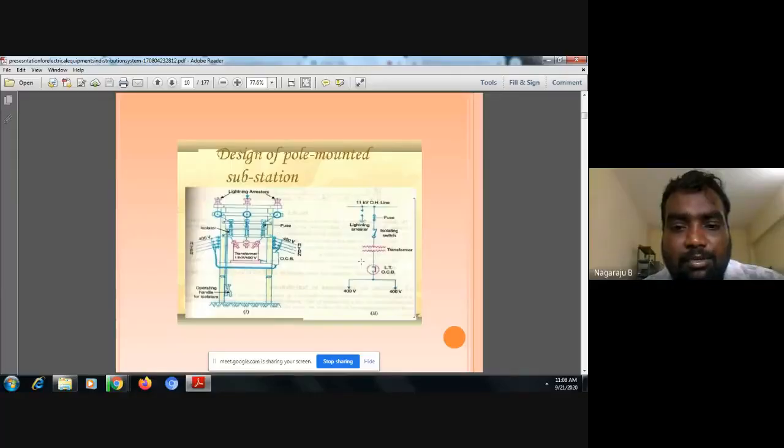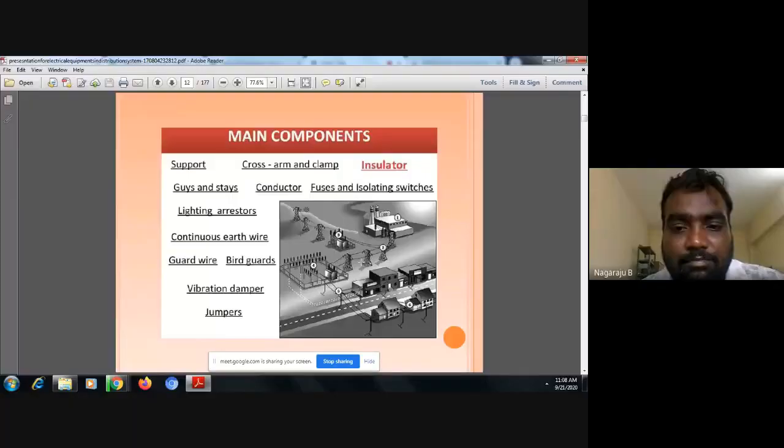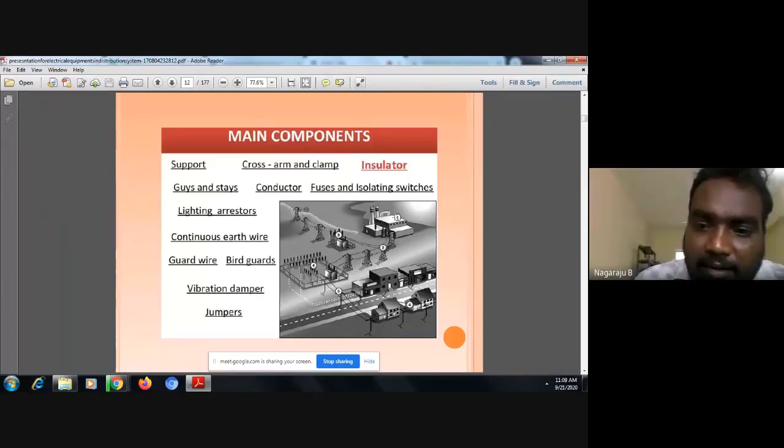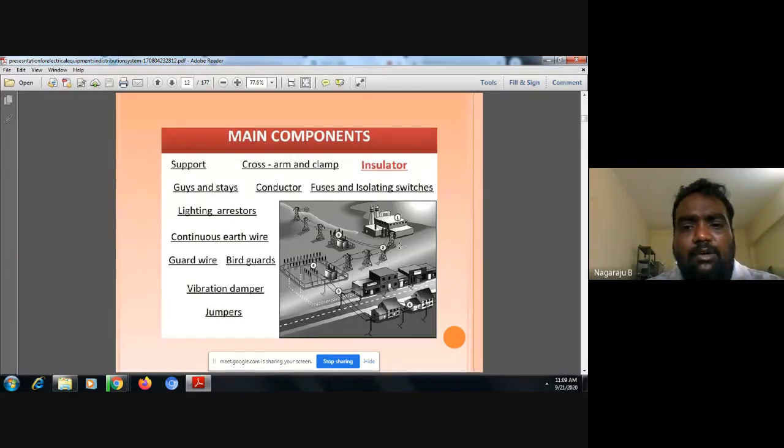If you see the clear picture, the main components here: I have mentioned first, supports. Second, towers, that is nothing but the cross arm and clamp insulators, and like that the group of series of conductors.